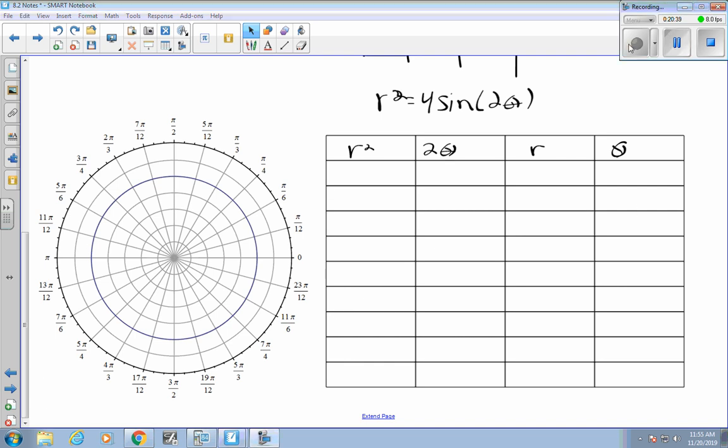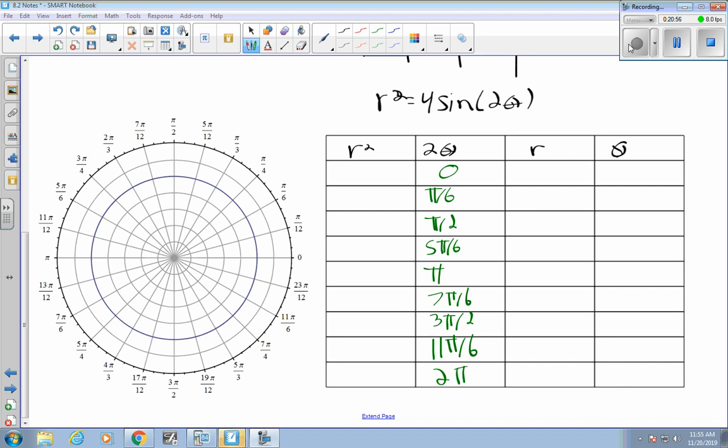All right. So hopefully you chose pi over 6. 0, pi over 6, pi over 2, 5 pi over 6, pi, 7 pi over 6, 3 pi over 2, 11 pi over 6, and then 2 pi, which is useless, but I wrote it anyway. R squared here, how about 0?